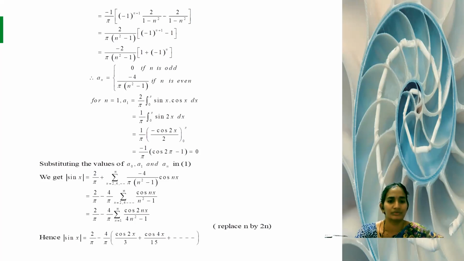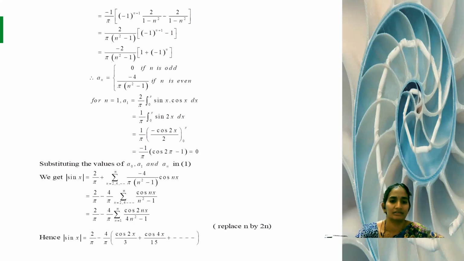So now you are substituting a0, a1 and an in equation 1. We get mod of sin x equal to a0 by 2, whose value is 2 by pi, plus summation n equal to, n is even only exist, for odd you are getting 0 for an. Generally you are writing summation n equal to 2, 4, 6 and so on to infinity, minus 4 by pi into (n square minus 1) into cos nx.